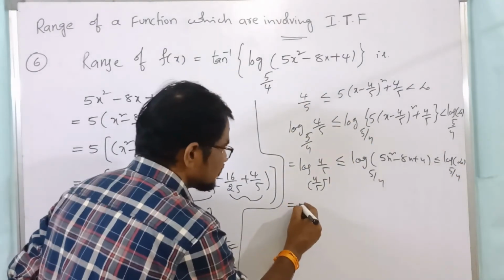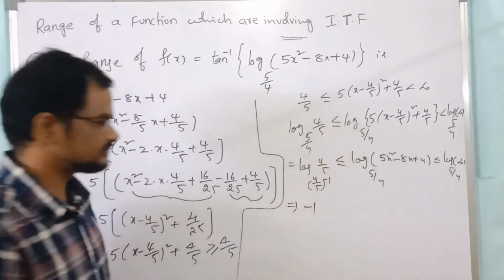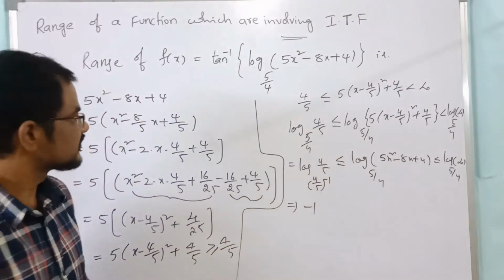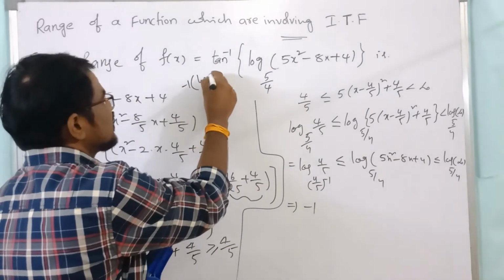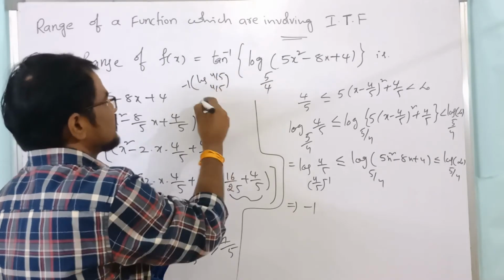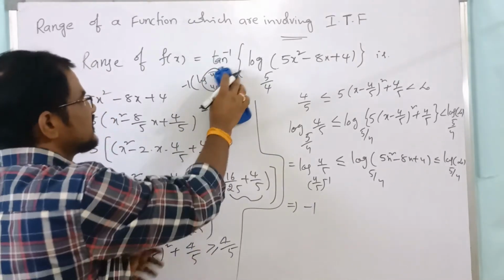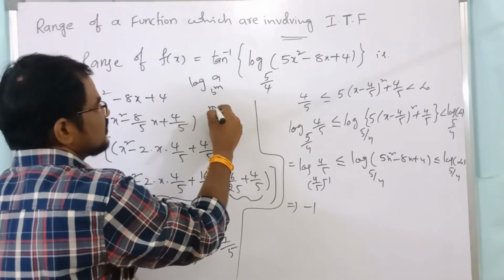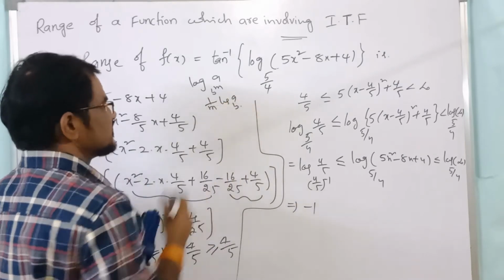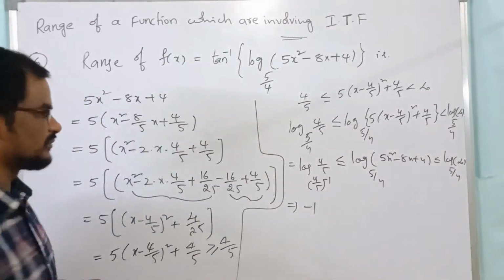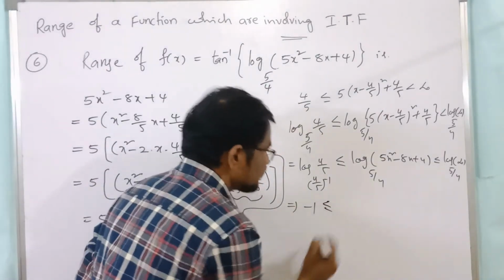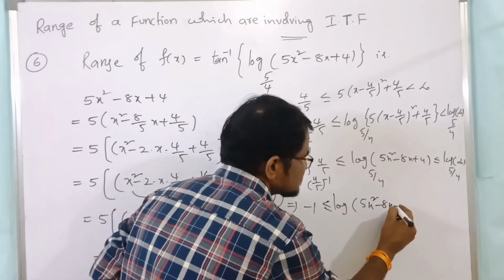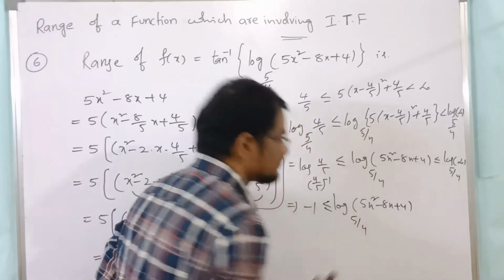So this is minus 1, right? Because it can be written as minus 1 into log of 4 by 5 to the base 4 by 5, which is 1, so minus 1 remains. By which formula? Log of a to the base b to the power m equals 1 by m log of a to the base b, by that logarithmic property. Less than or equal to log of 5x square minus 8x plus 4 to the base 5 by 4.